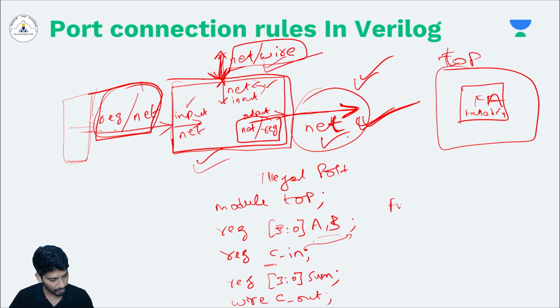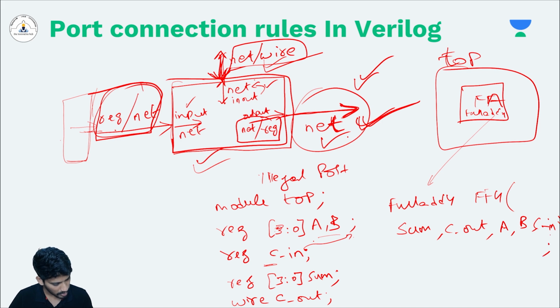Now I am calling my full adder 4, which is the name of this module, with my own instance name ff4 or something. Then I am assigning sum, cout, A, B, Cin, then a semicolon. So this is an illegal port mapping.